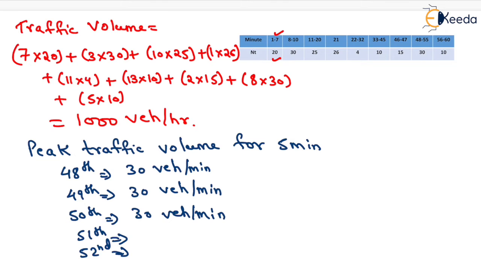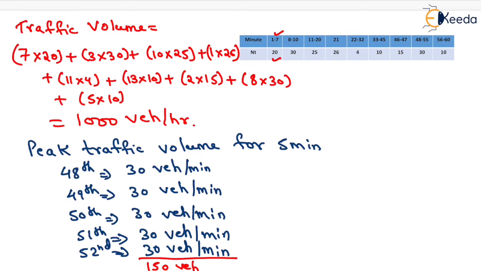Same in 51 and 52, that is 30 vehicles per minute. Now the total of this will be equal to 150 vehicles per 5 minutes. Now we have to convert this traffic volume in terms of vehicles per hour.